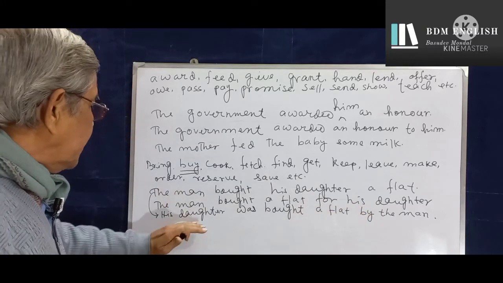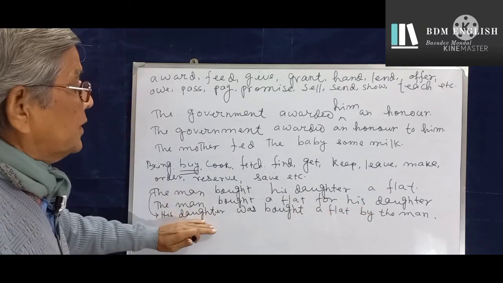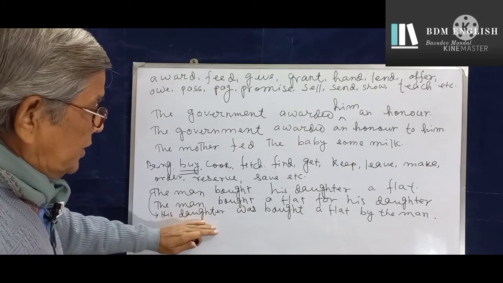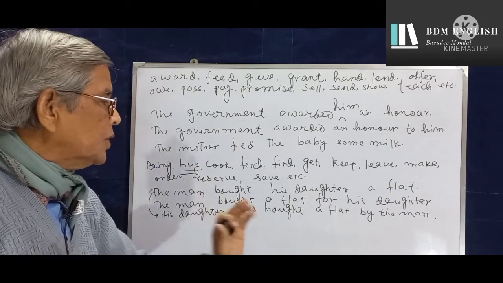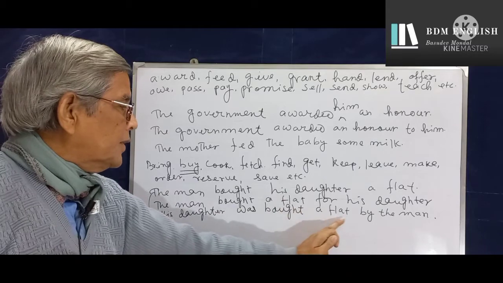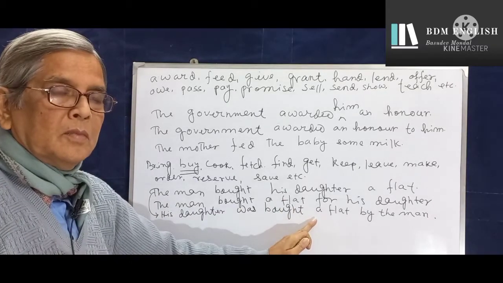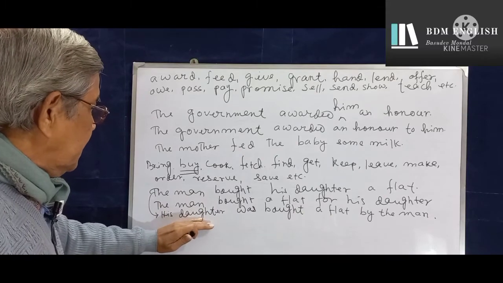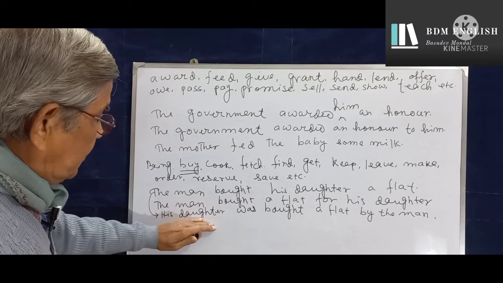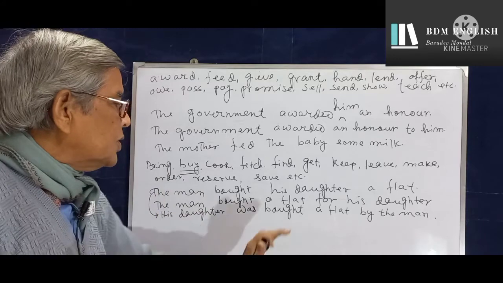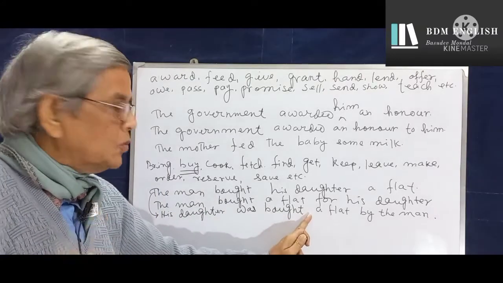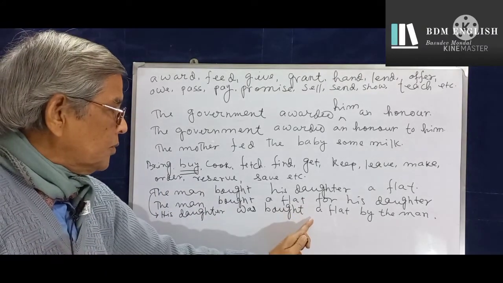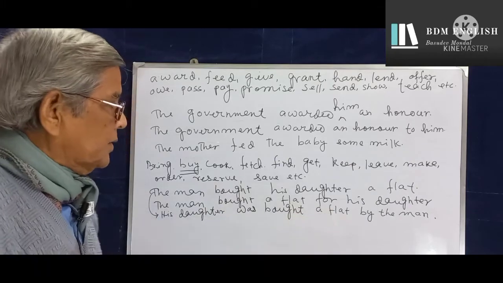And when we use the indirect object as the subject in the passive voice sentence, we do not need to use any preposition before the direct object. Okay? When you use the indirect object as the subject in the sentence in the passive voice, we do not need to use any preposition with the direct object.